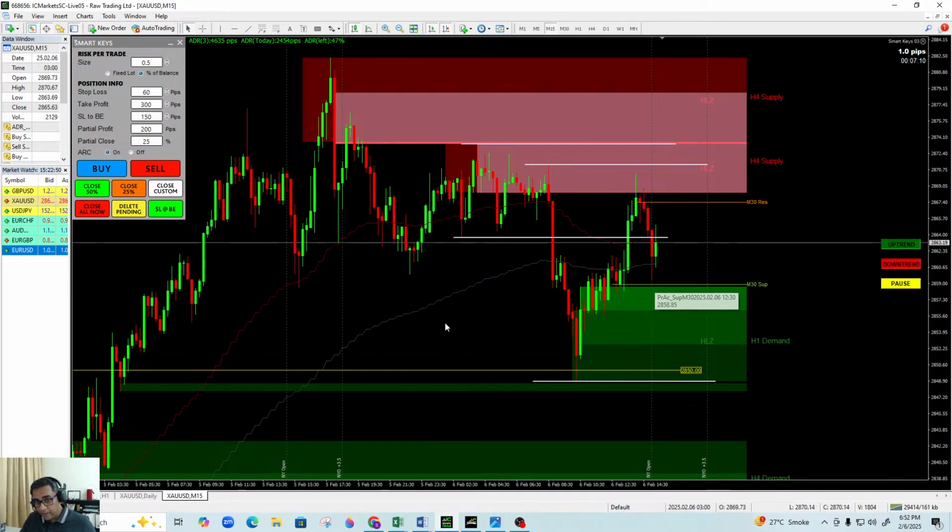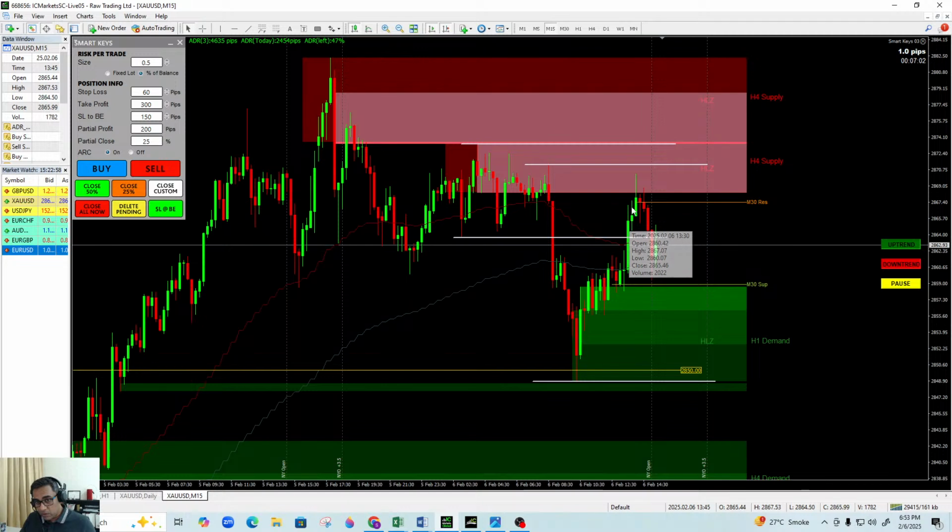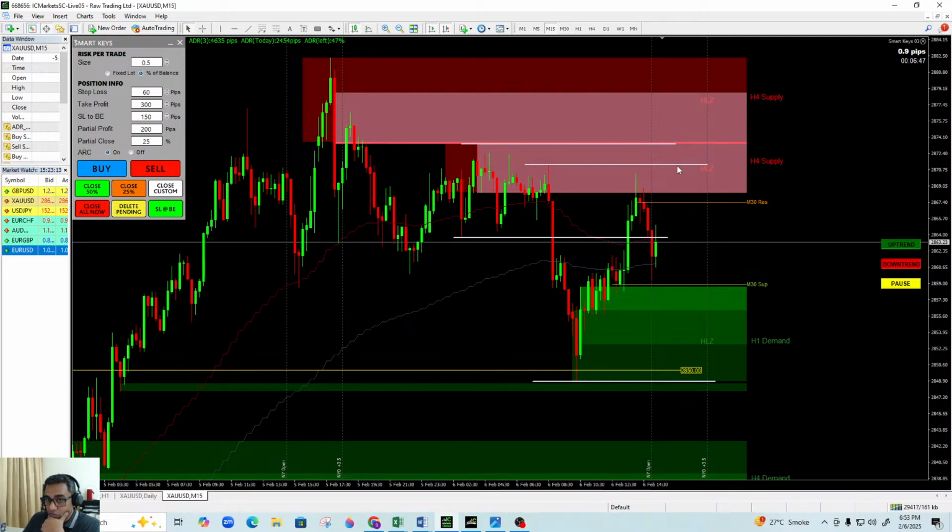Now, since price closed above the Asian low and didn't have enough liquidity to head higher, if price closes back above the Asian low, we should head higher, back to the Asian high, first the London high and then the Asian high.